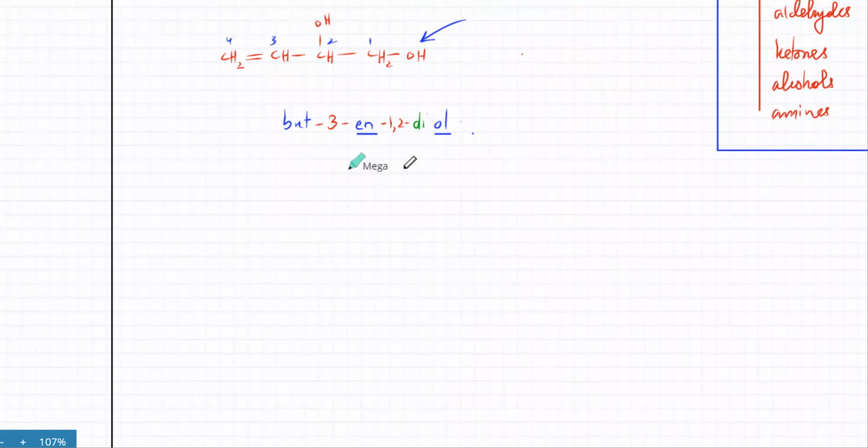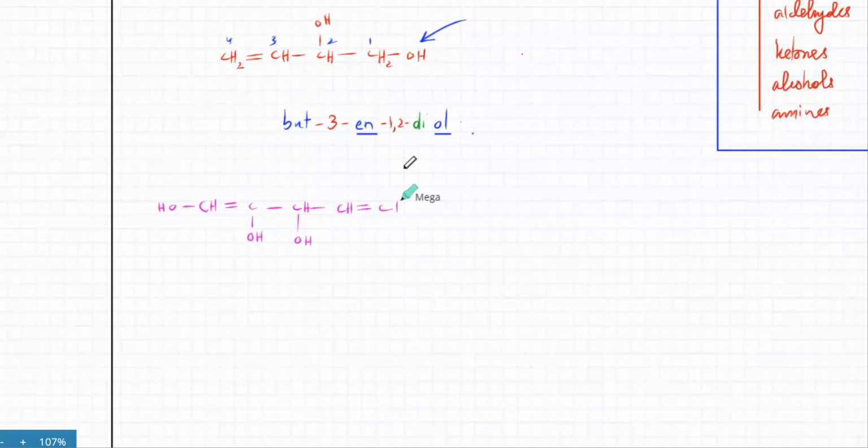And we can try and quickly do another one. Let's have a molecule. I've got an OH here, an OH here, and another OH on this side. This one will have just 1 H, so it's CH: this one will have no H, 1 H, 1 H, and 2 H's.